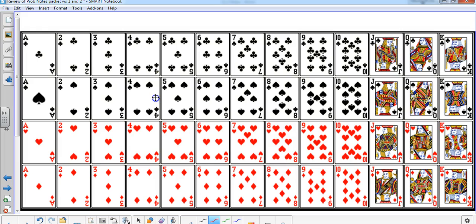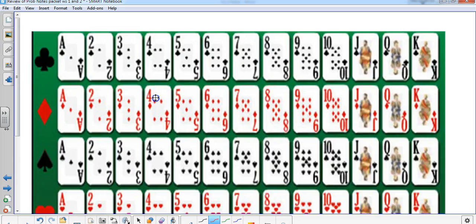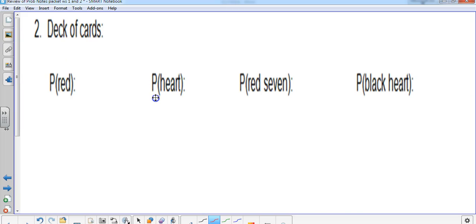You just have to know that there's 4 threes, and there's 52 cards in a deck, and it goes ace, and then 2 through 10, jack, queen, king. Everybody okay? Let's practice on these questions real quick.